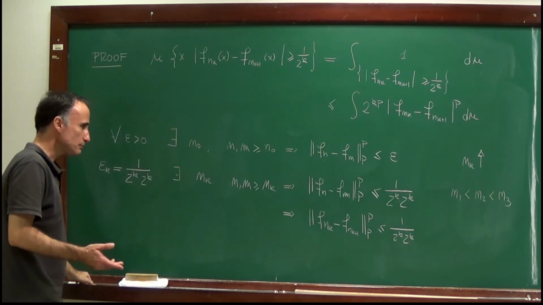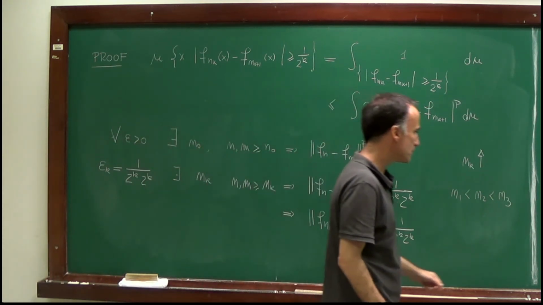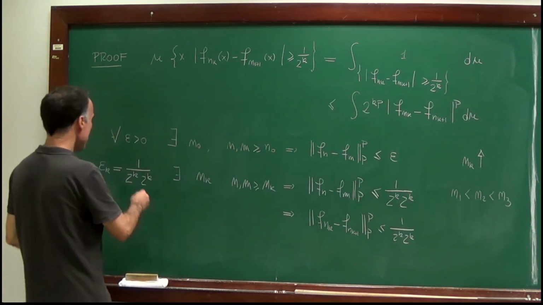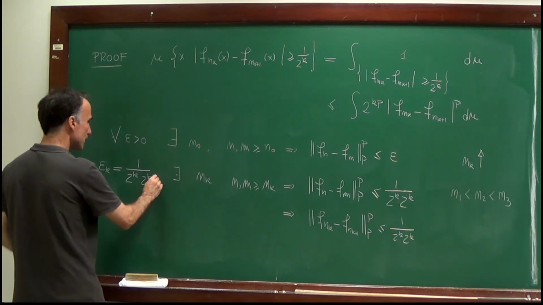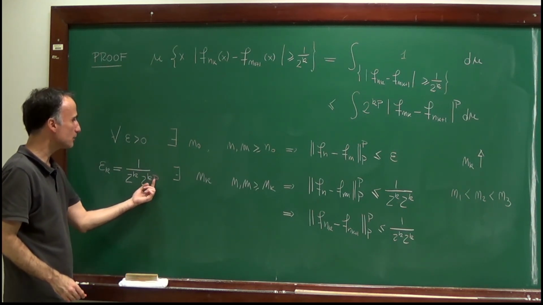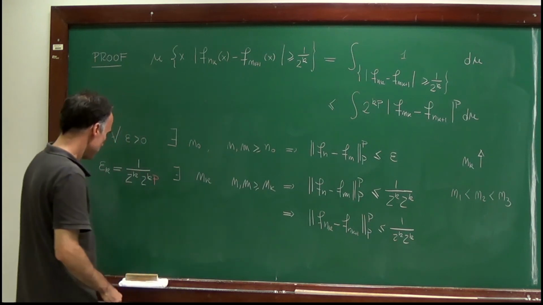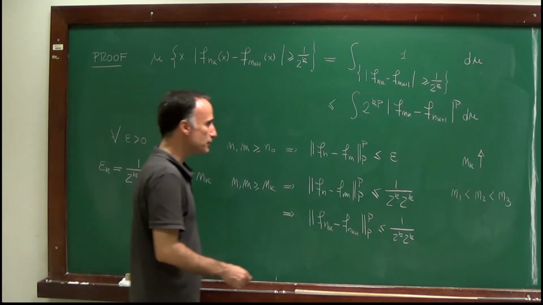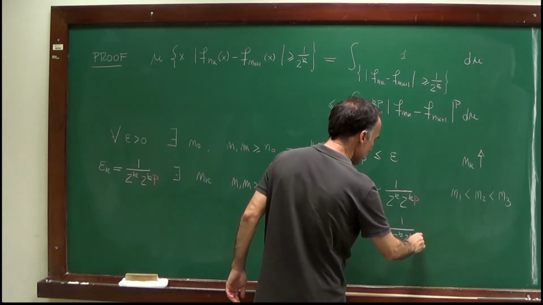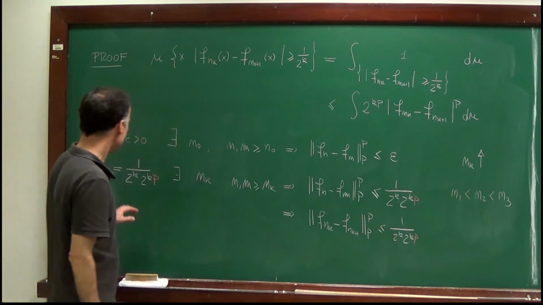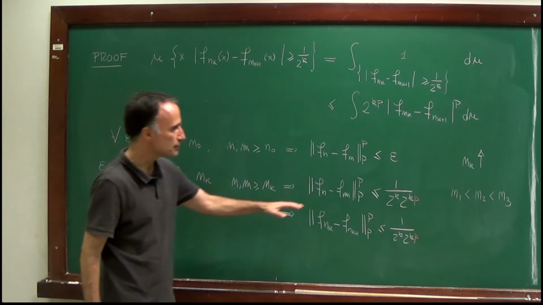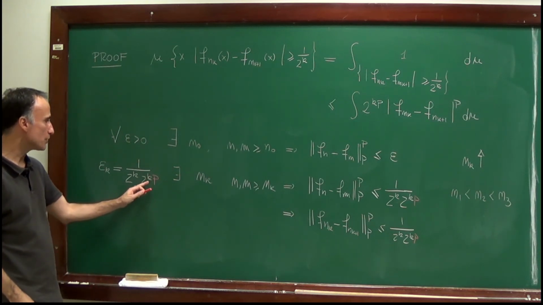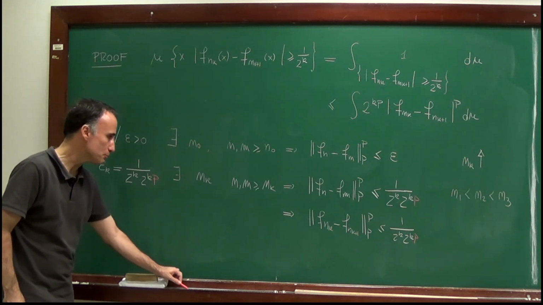Here I made a mistake by choosing this sequence. I would prefer to take epsilon k as 2 to the power k times 2 to the power k times p. And so you can check back that everything I said for my sequence epsilon k holds true if I take this new sequence epsilon k, in which I replace 2k by 2 to the power k times p.